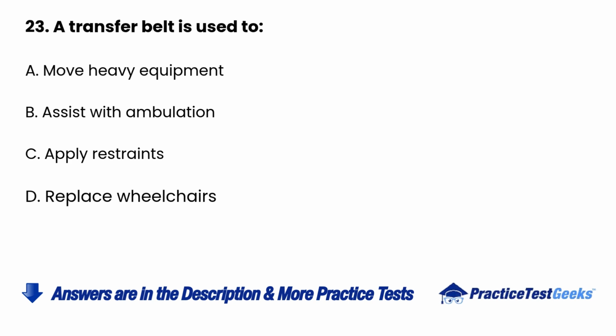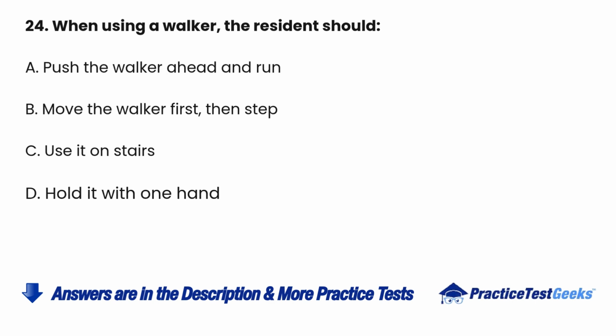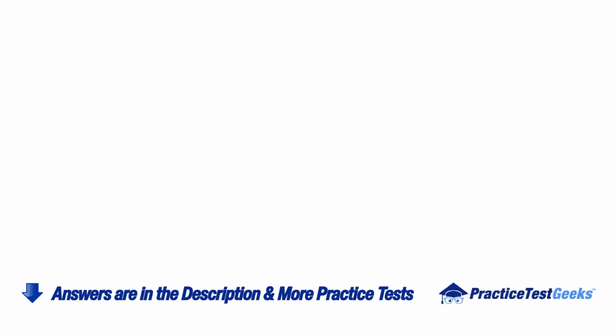C. Apply restraints. D. Replace wheelchairs. 24. When using a walker, the resident should A. Push the walker ahead and run. B. Move the walker first, then step. C. Use it on stairs. D. Hold it with one hand.